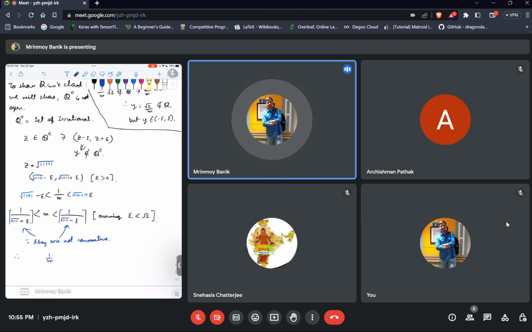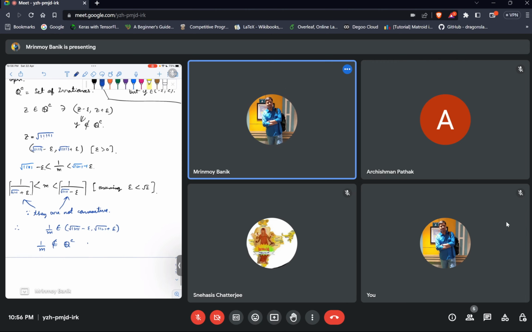So therefore 1 by m is a real number that is in between those two limits, so inside the open ball root 11111 minus epsilon to root 11111 plus epsilon. But 1 by m is certainly not inside Q complement, since it's of the form p by q, where p is 1 and q is m not equal to 0. Therefore, Q complement is not open.